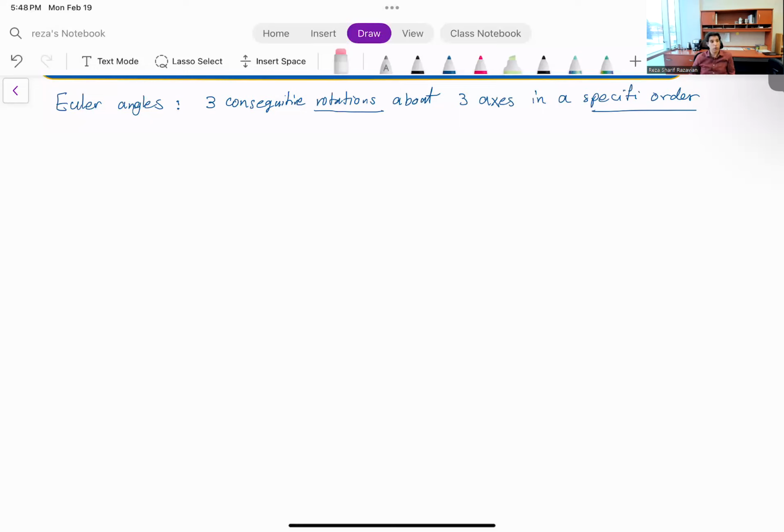And what we have in Euler angles are three rotations with specified angles about the axes. So imagine, let me try to draw it.